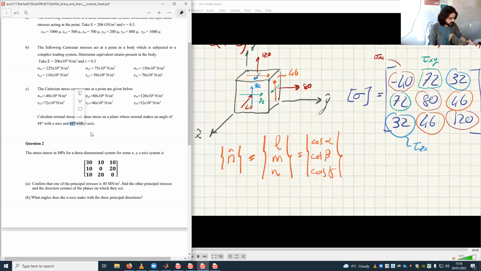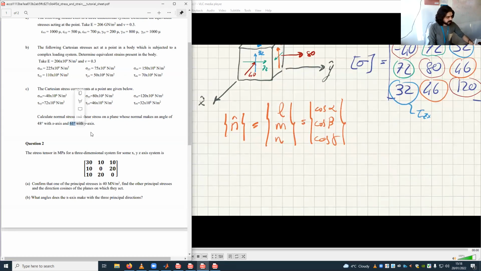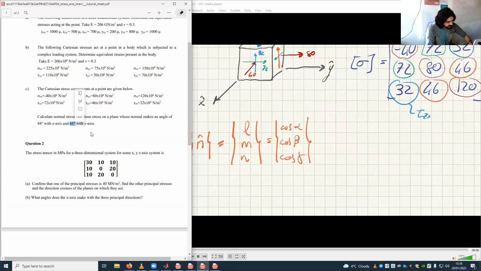So I know L. Let me do this with the help of MATLAB as well. I'll call this N because I don't know it. And I'll say that cosine of 48 and cosine of 61.